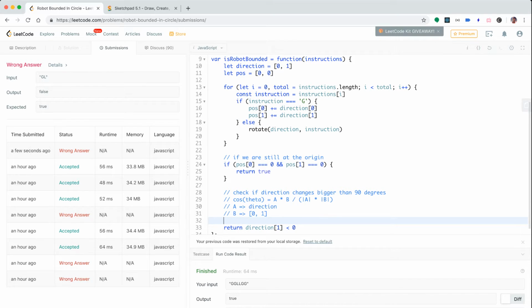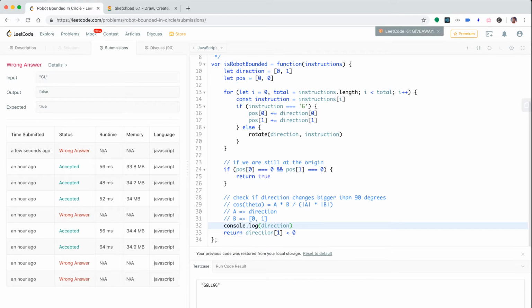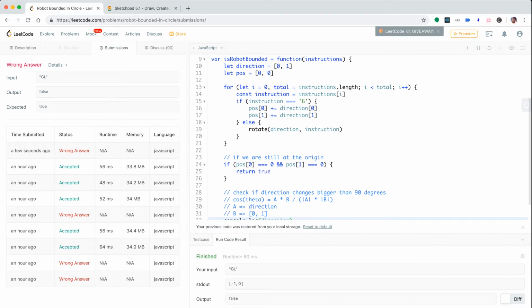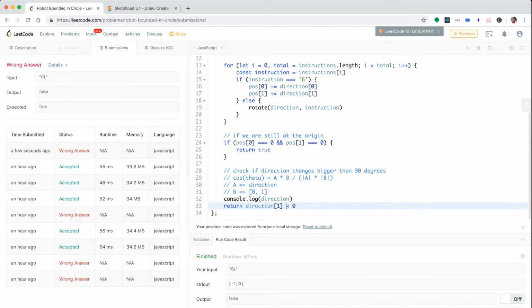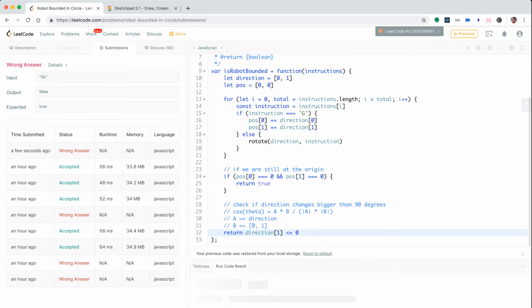Let's check if direction. The input is GL. Yeah. My bad. It should be or equals, equal to 0.